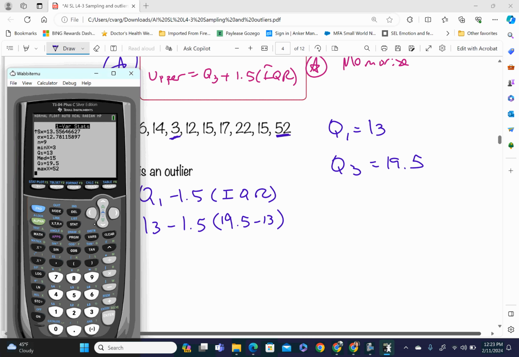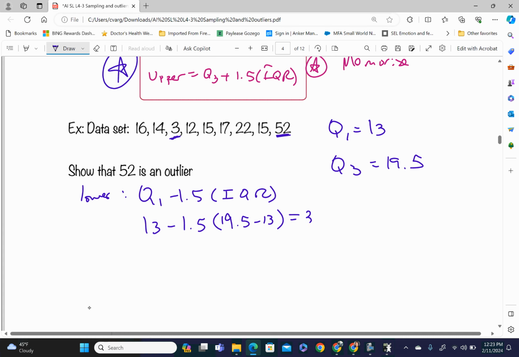And so then I go to my calculator and I literally just plug that in. So I'm going to do 13 minus 1.5 times IQR, which is 19.5 minus 13. Okay, so close parentheses, hit enter. So I get 3.25. So this number is 3.25. Therefore, 3 is less than 3.25, so 3 is an outlier. So that's what we just found out right now.